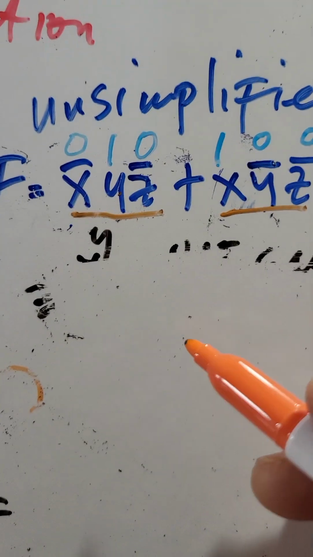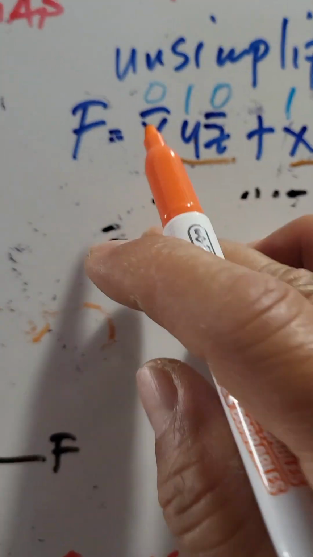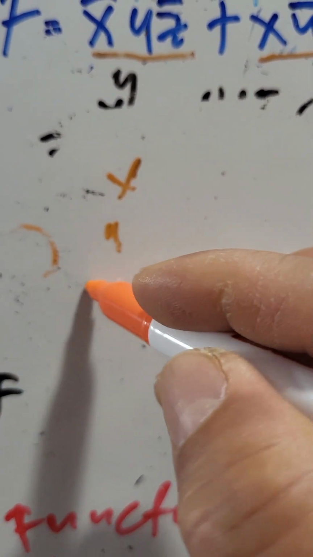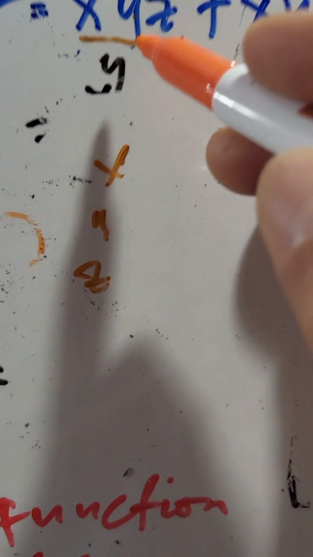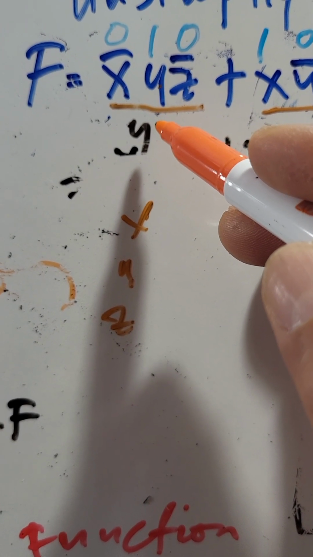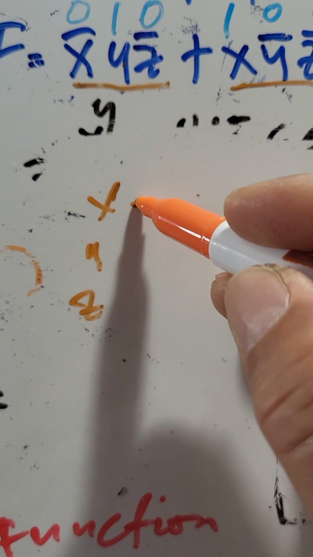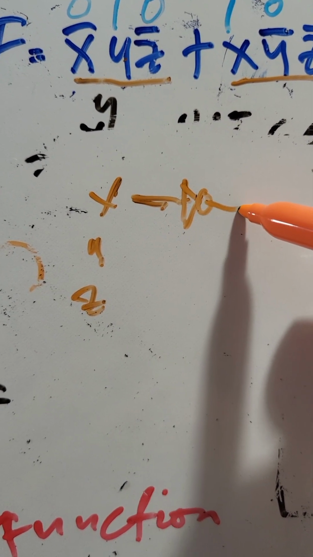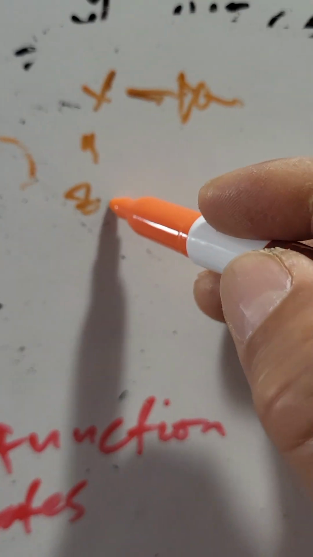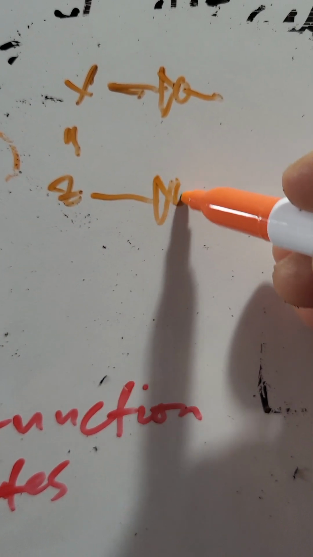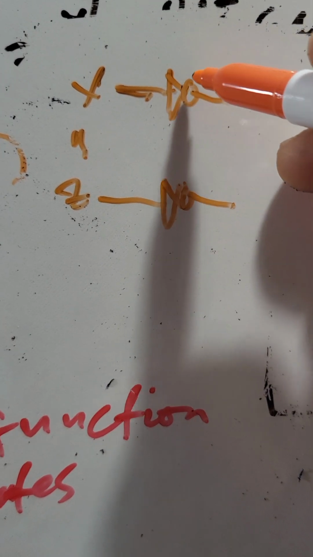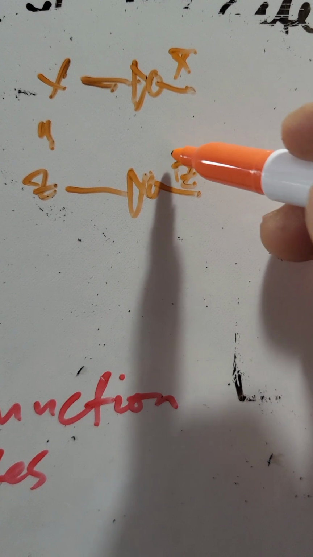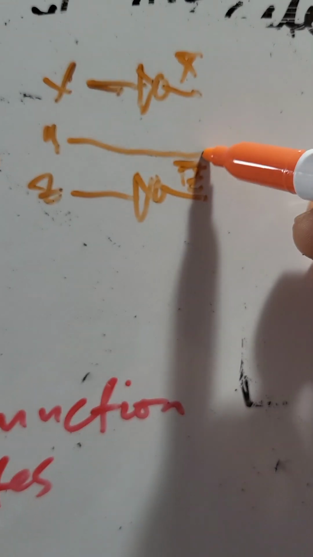Okay, so like we have here the inputs x, y, z. So x bar, y bar, z bar. You have to make a NOT gate, then z bar also a NOT gate, to have this x bar, z bar, and this is y.